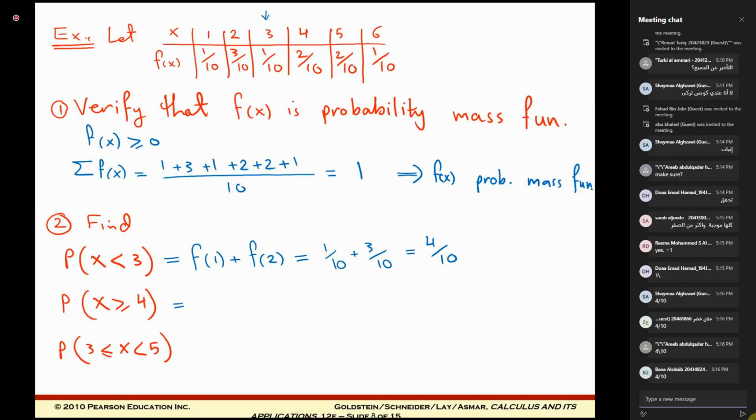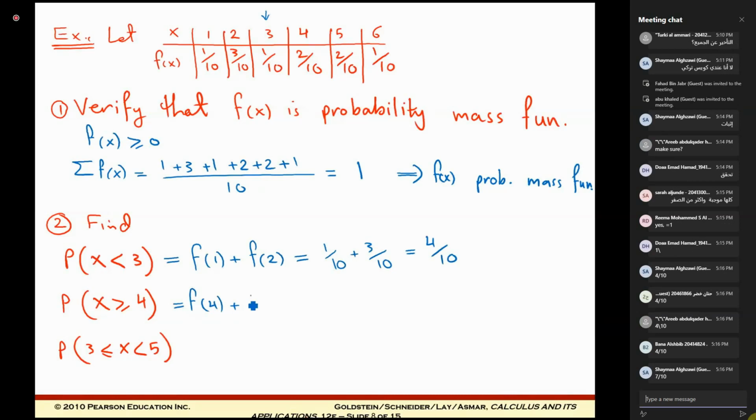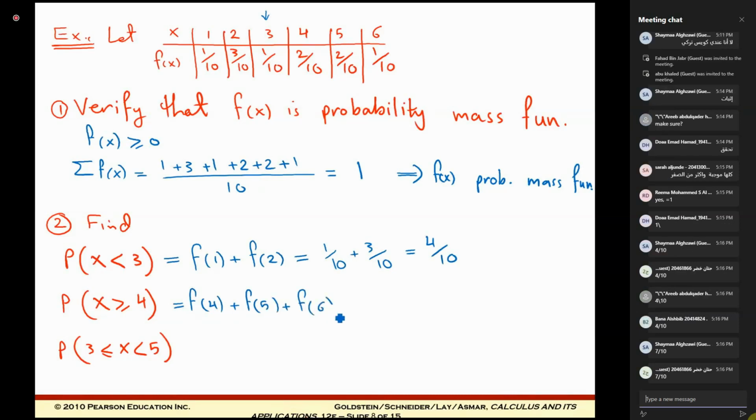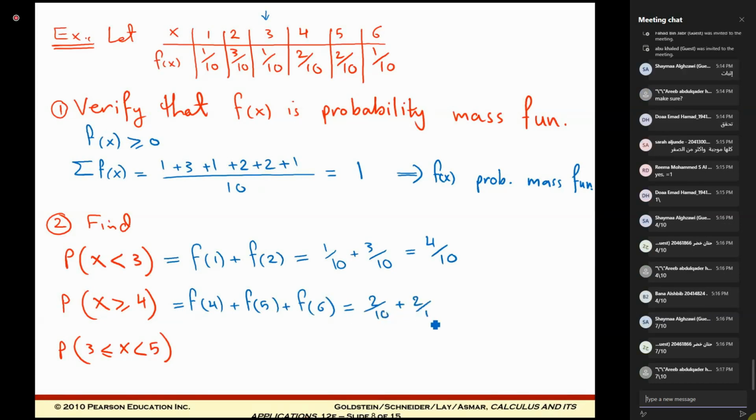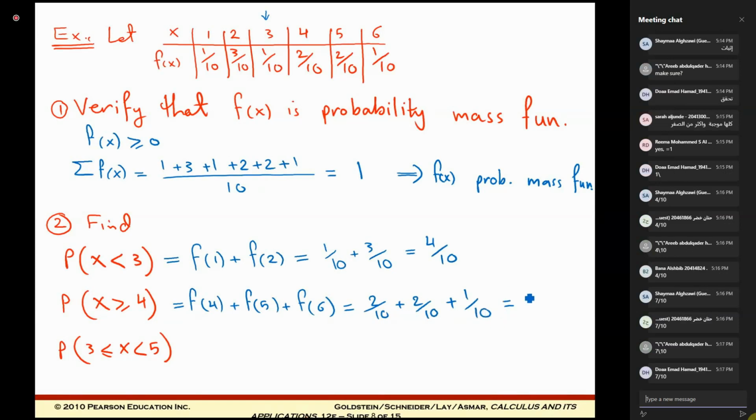Now, x greater than or equal to 4. So this is the probability f4 plus f5 plus f6. So we have 2 over 10 plus 2 over 10 plus 1 over 10, so we have 5 over 10.